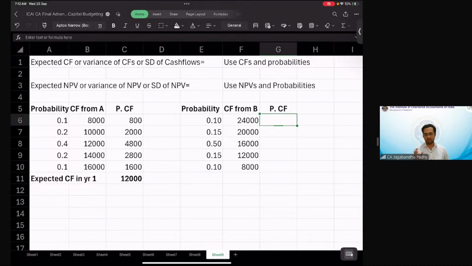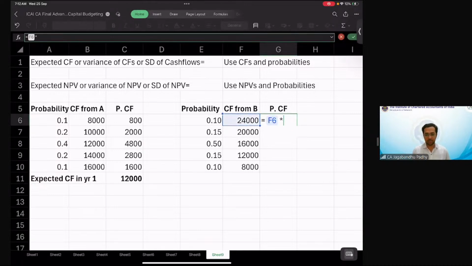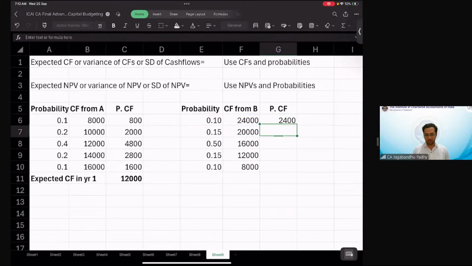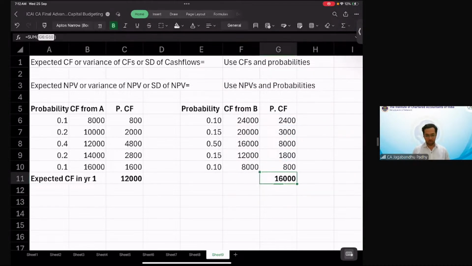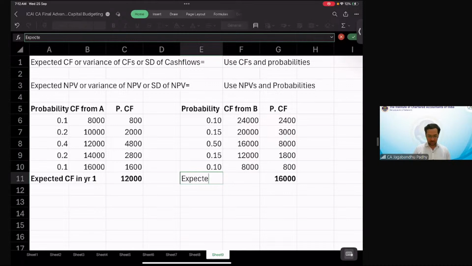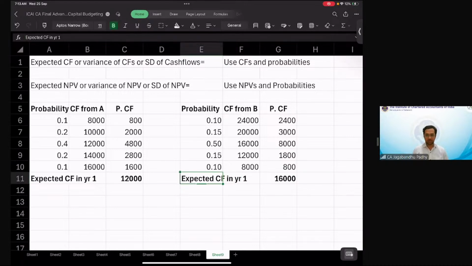When calculating the expected cash flow from project B, we do the same thing: probability into the cash flows, and then take a sum of all of them. This is what we get as the expected cash flow in year one. As far as project B is concerned, the cash flow we are expecting in the upcoming year is 16,000, whereas the expected cash flow in case of project A is 12,000.